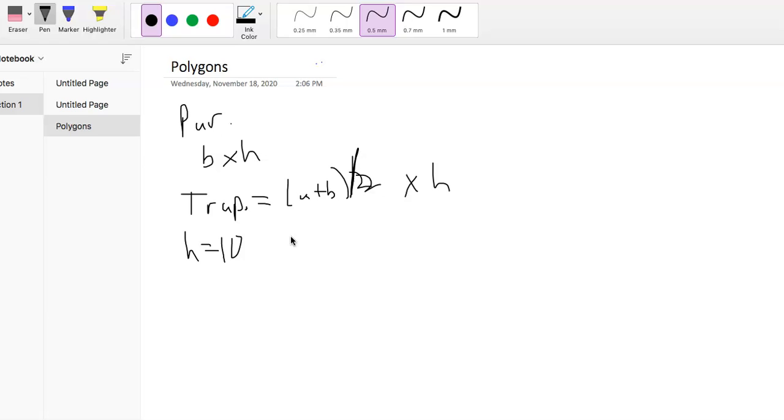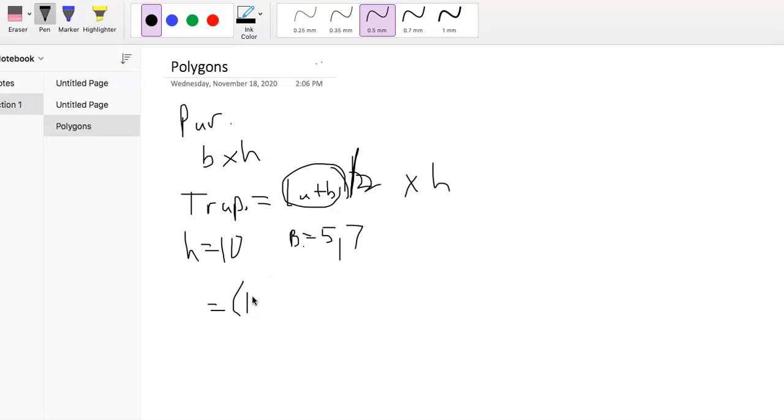So a plus b is just base 1 and base 2. So base is 5 and 7. Okay, so now we definitely have enough to do what we want. So 5 and 7, that's just your a and b right here.